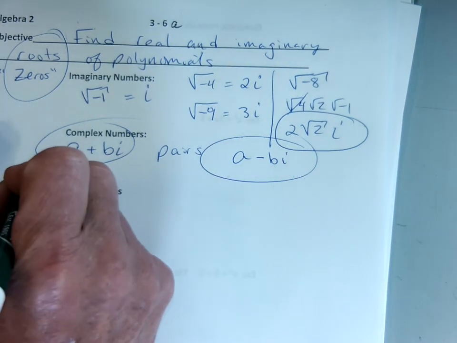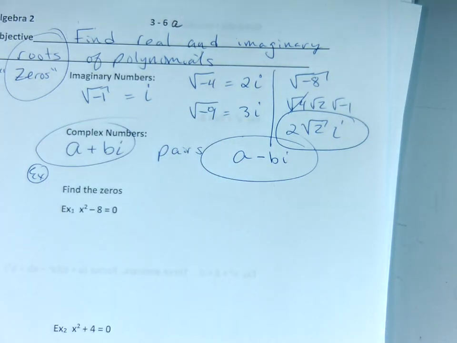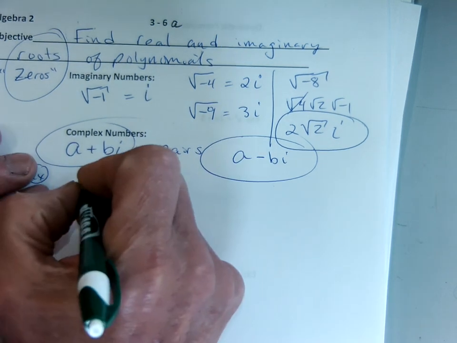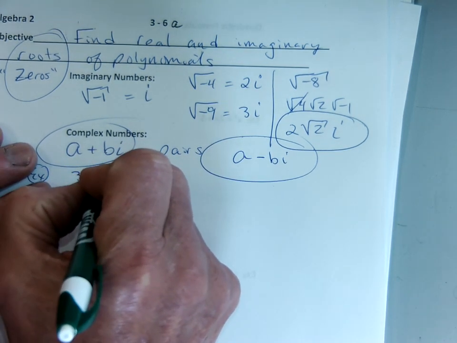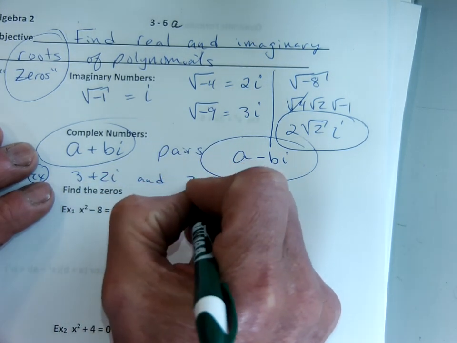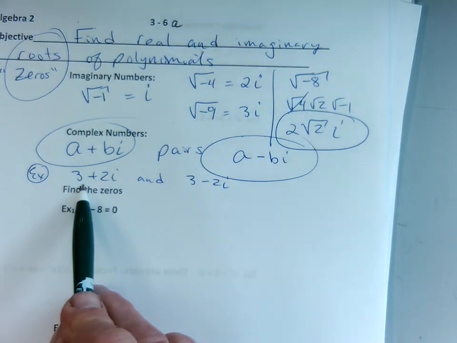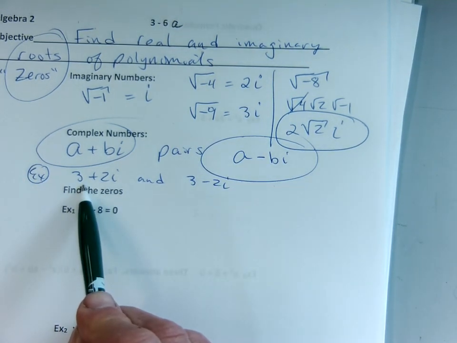An example of that could be like we saw in our journal, when I did that humongous problem with you. We could have an answer of 3 plus 2i and 3 minus 2i. This is an example. You have a real number, 3 is a real number, plus an imaginary.